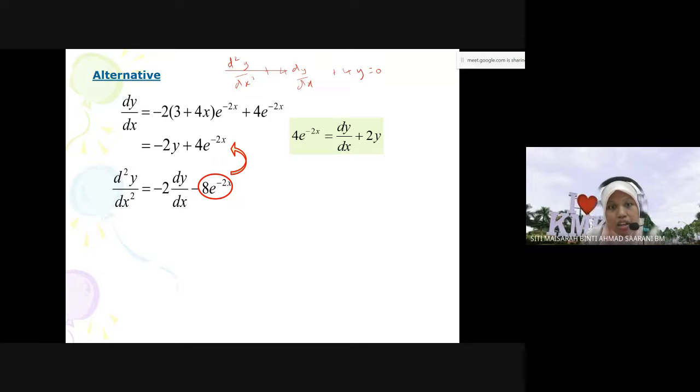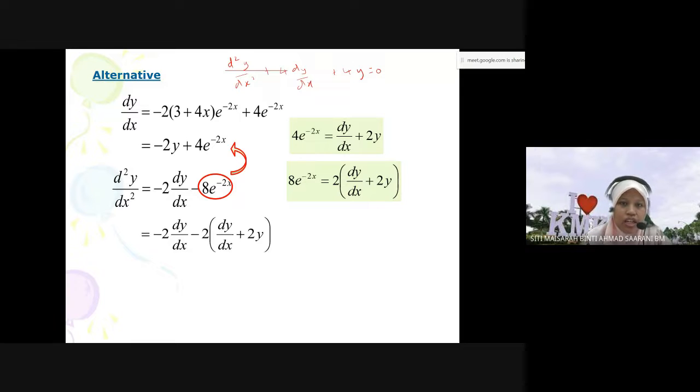Then we want 8e negative 2x, so we multiply by 2. So we get 8e power negative 2x equals 2 dy/dx plus 2y. We multiply on both sides, left and right. Then we substitute: the second derivative of y with respect to x equals negative 2 dy/dx minus 2 multiplied by dy/dx plus 2y.